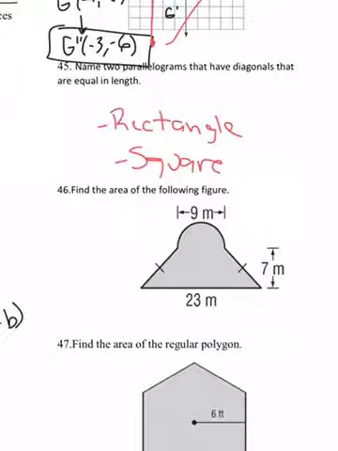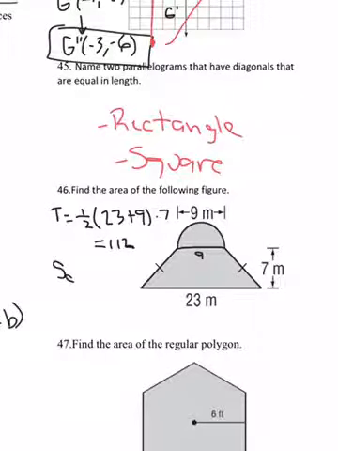Find the area of the following figure. If you cut it right here, you have a trapezoid and a half circle, semicircle. That's going to be 9. So for the trapezoid, it's 1/2 times base 1 plus base 2 times height. So that part of it is going to give you 1/2 times 9 plus 23 times the height of 7, which is 112.